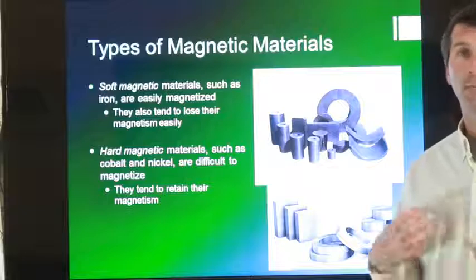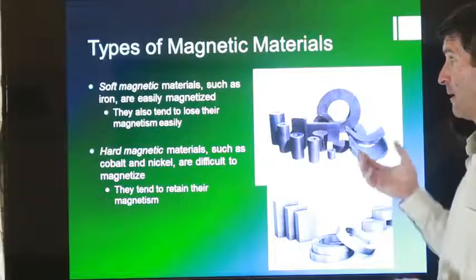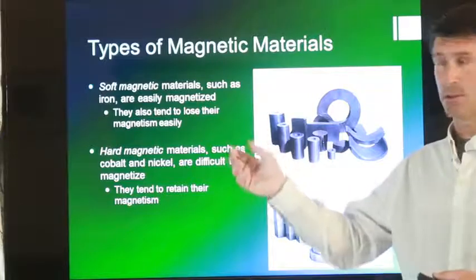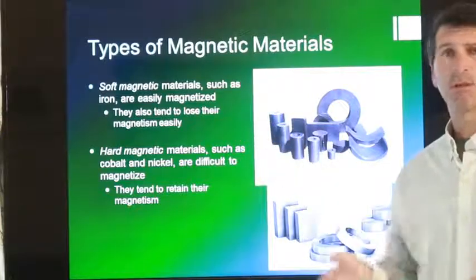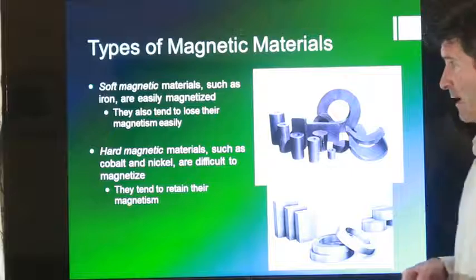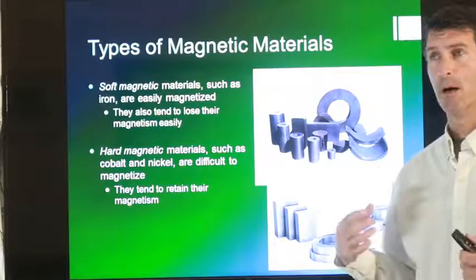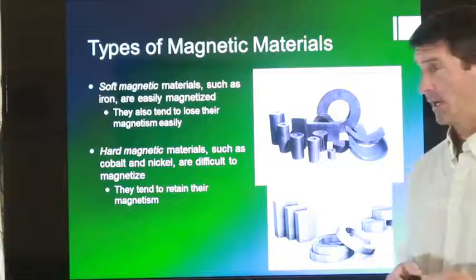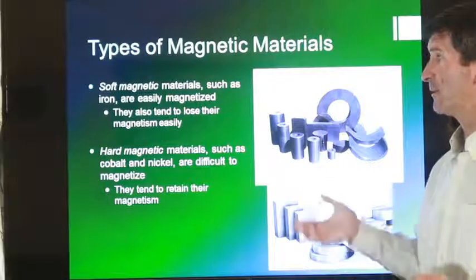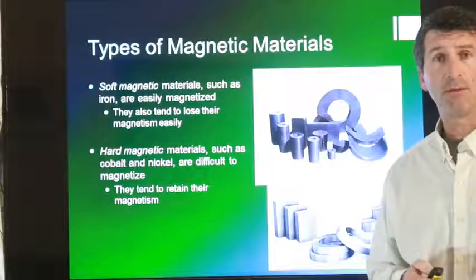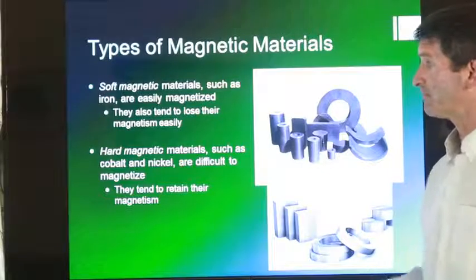Those are all composed of ferromagnetic materials, or ferrous materials actually, usually iron oxide, because it's not reactive. Once it's in the oxide form, it's not going to react with the oxygen in the air or the water in the air. And again, it's a soft magnetic material, so we can use it to store information.